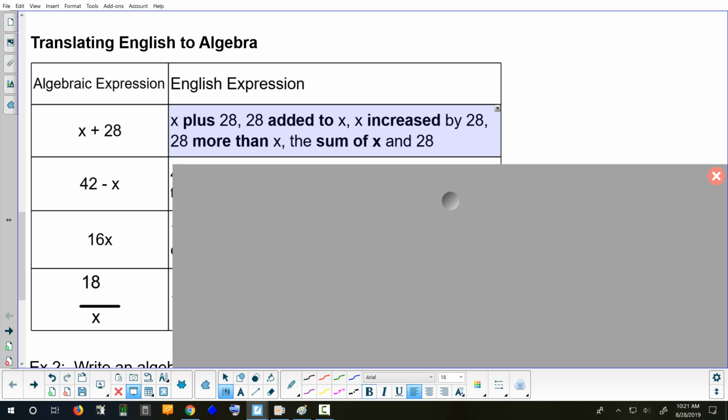So like if I said to you, the temperature now is increased by 5 degrees from what it was this morning.